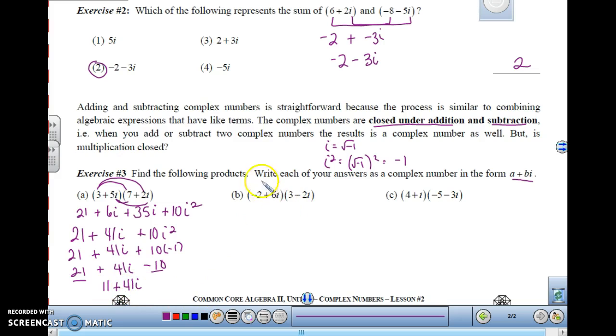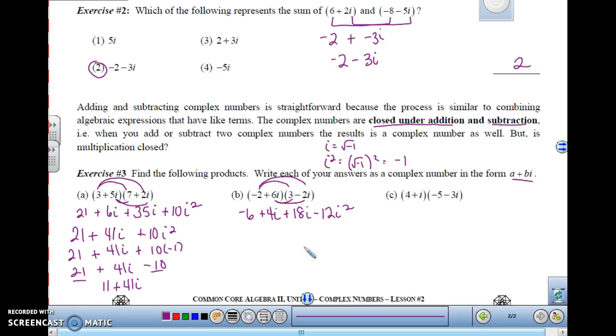All right, let's FOIL this next one. First is negative 2 times 3 is negative 6. Outside, negative 2 times negative 2i is positive 4i. Inside, 6i times 3 is 18i. And 6i times negative 2i is negative 12i squared.